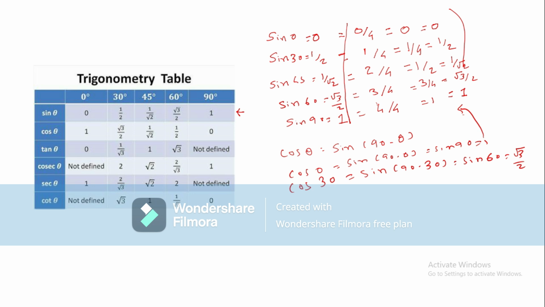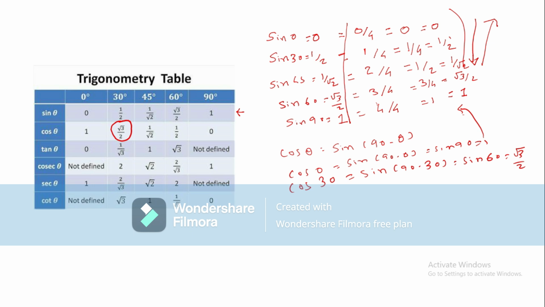So here, the value of cos 30 is under root 3 by 2. If you want to remember the values, we need to put 1 over here, under root 3 by 2 over here, 1 upon under root 2 here, 1 by 2 over here, and 0 over here, right? So it's exactly the reverse order of the sine values. For sine values, we travel in one direction, and for cos values, we move in the opposite direction.